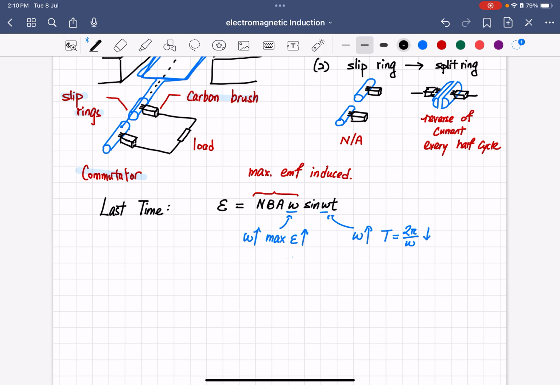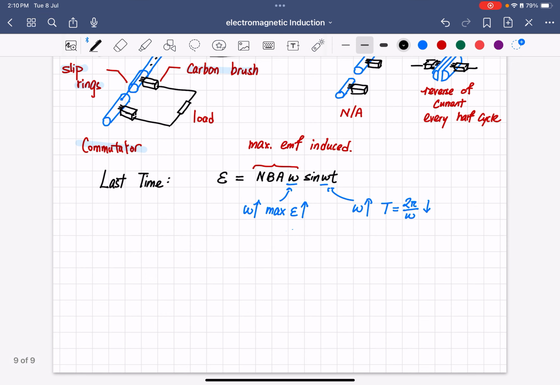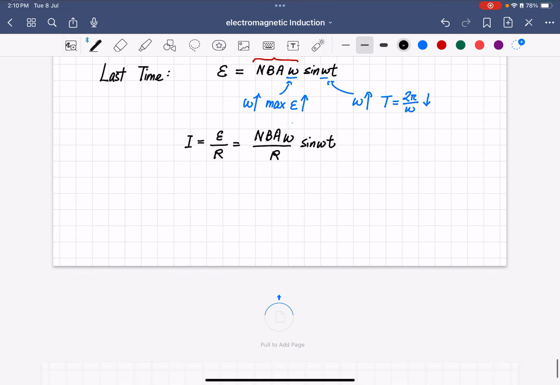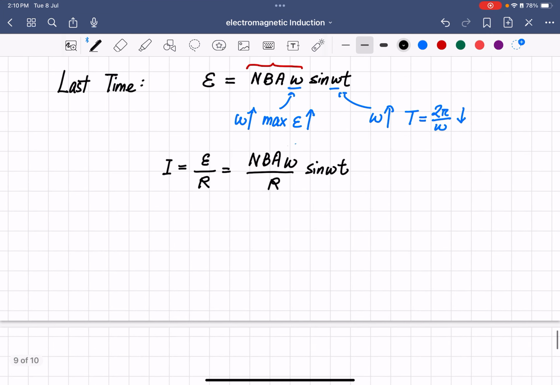So we're looking at the current now, so we just denote the resistance of the load as R. Then the current induced will be equal to E over R. Therefore, we have NBA omega over R times sine omega t. So this demonstrates to us that the EMF induced is sinusoidal. Therefore, the current produced is also sinusoidal.